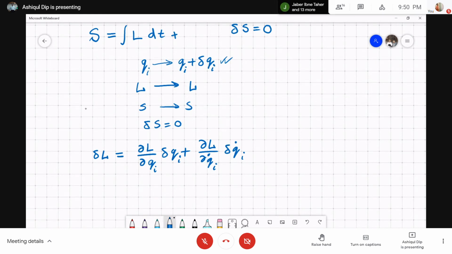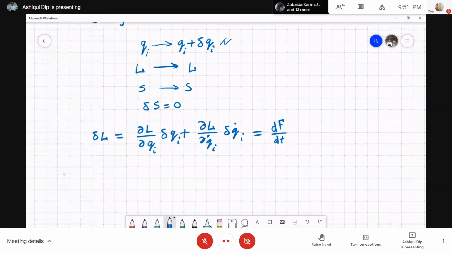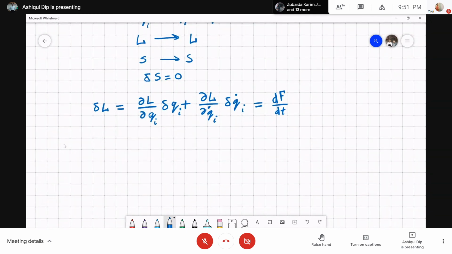So at most, we can demand that this change in L equals some quantity df/dt, where f is a function of q and t only. If we can satisfy this, then there is a conserved quantity. That's the more general version. So let's proceed with this.